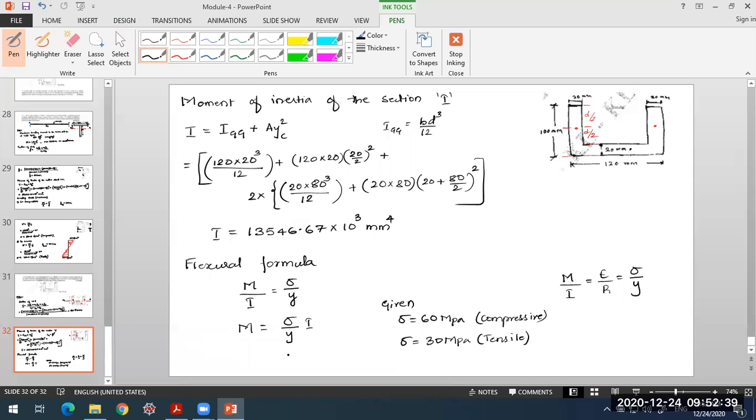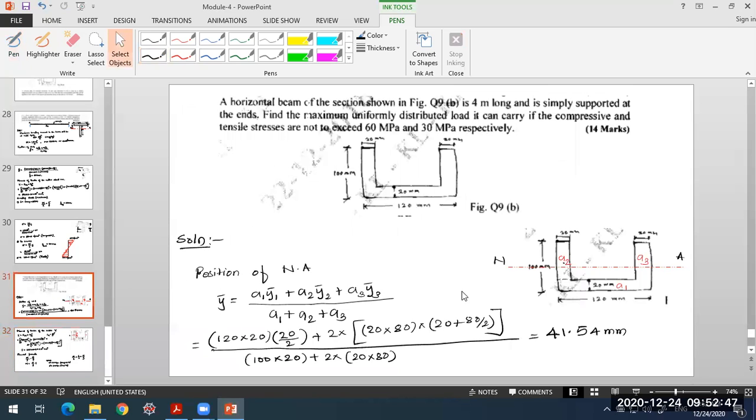So these are the two values. Now what about y? The y bar we determined, it is known to us, it is 41.54 from the bottom. This is the y bar value.